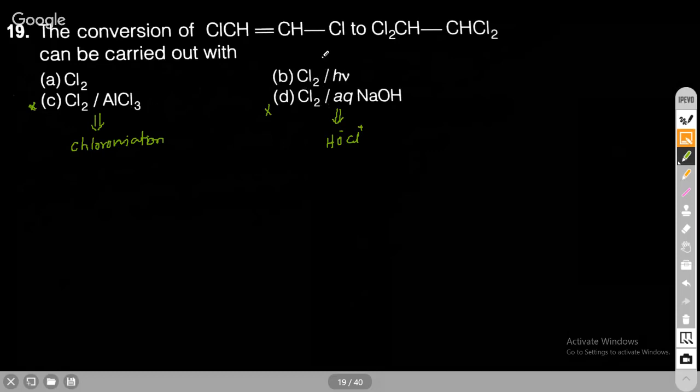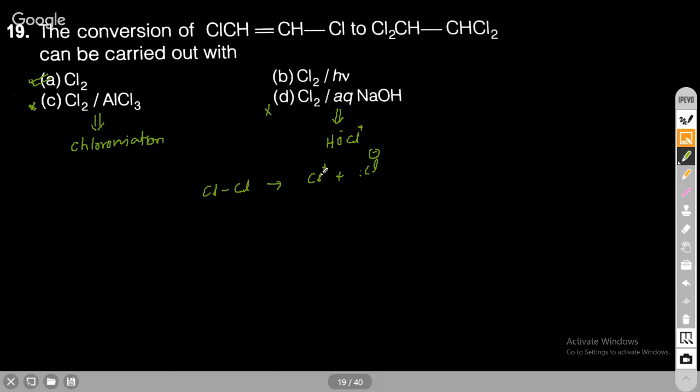Okay, so this is also not true, because we have to add chlorine at both double bonded carbon atom, and that is only possible by ionic reaction or ionic mechanism, and which can be possible with presence of chlorine only, right? Chlorine atom, like I have already told you just now, chlorine molecule, heterolytic cleavage takes place and forms Cl plus Cl minus.